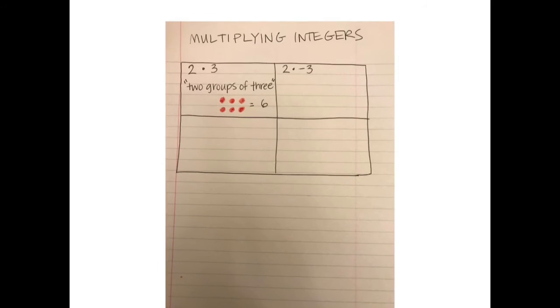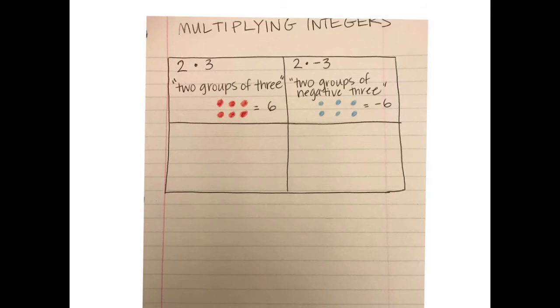As we get further into math, however, we have to start thinking about what it looks like to have 2 times negative 3. When we have 2 times negative 3, we really have 2 groups of negative 3.